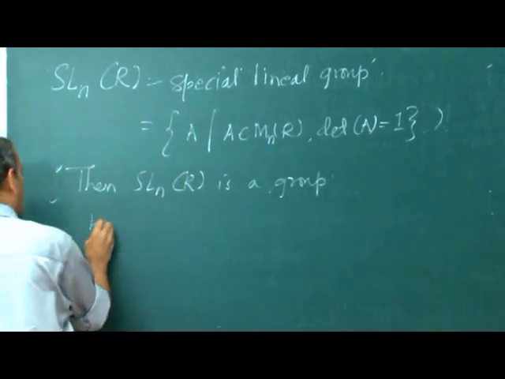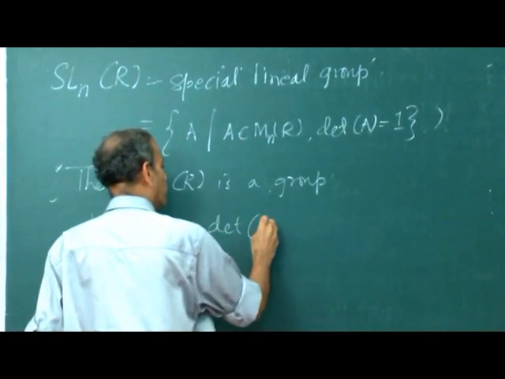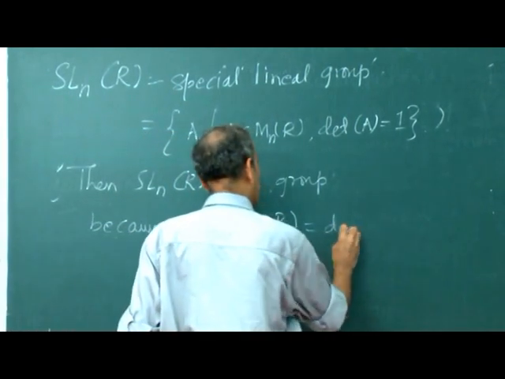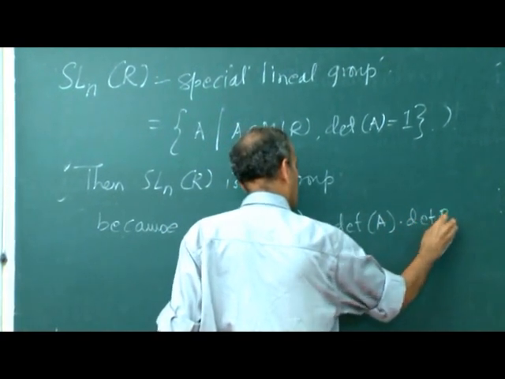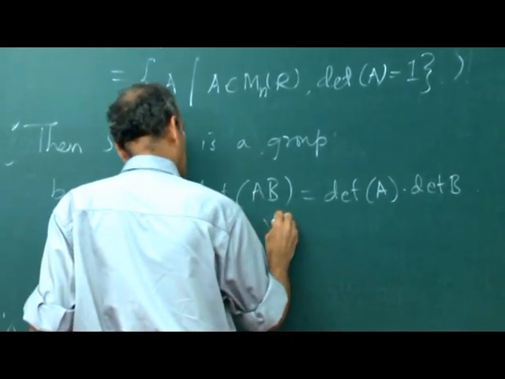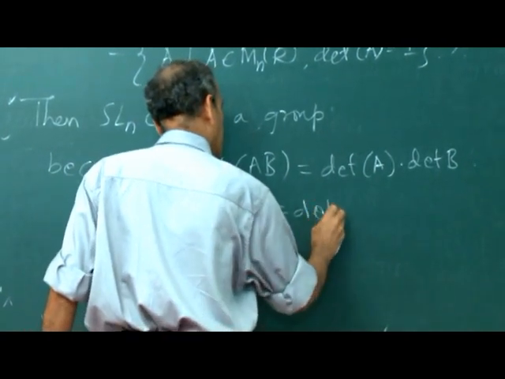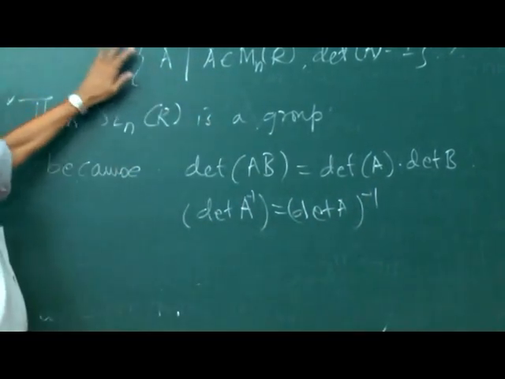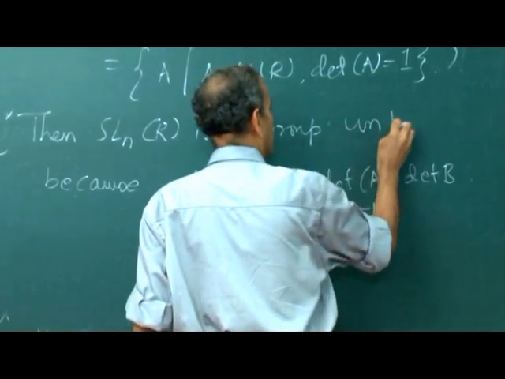Because from elementary matrices, you know that determinant of AB is determinant of A times determinant of B, and determinant of A inverse is equal to the inverse of determinant of A. So from this you can check that this is closed under multiplication and is a group under multiplication.